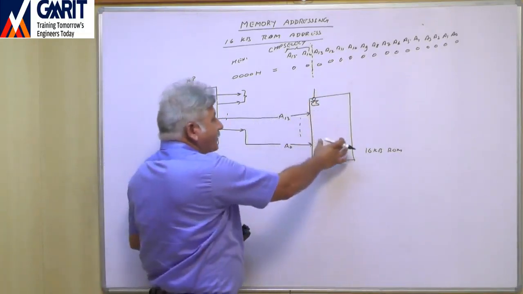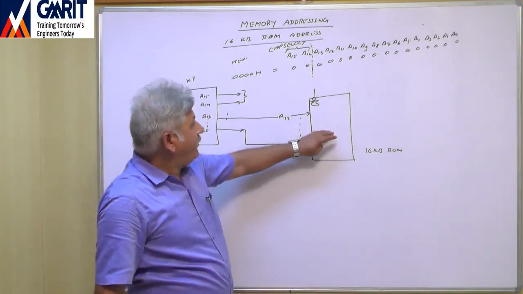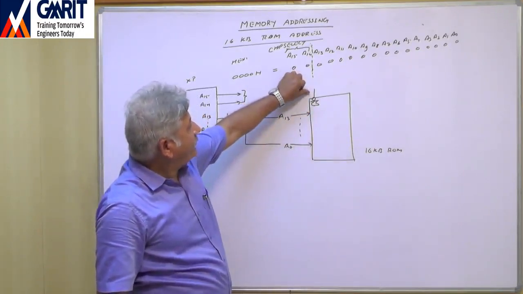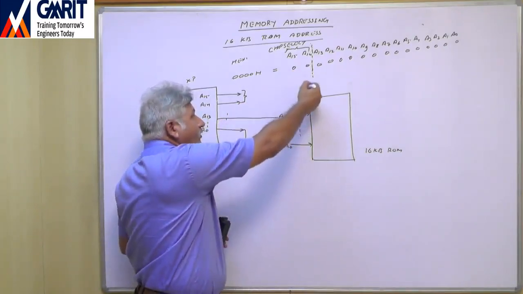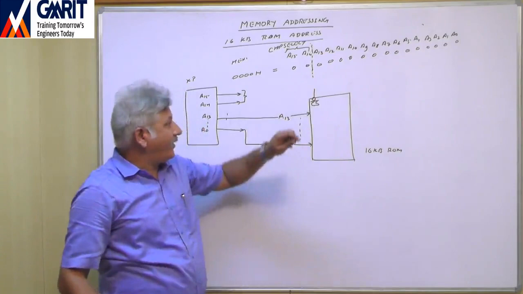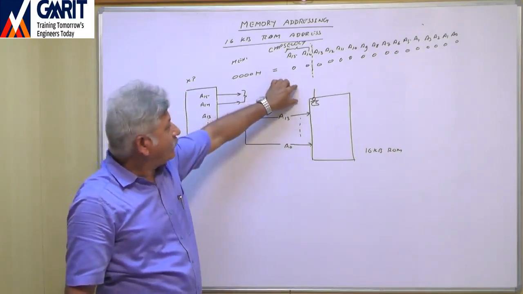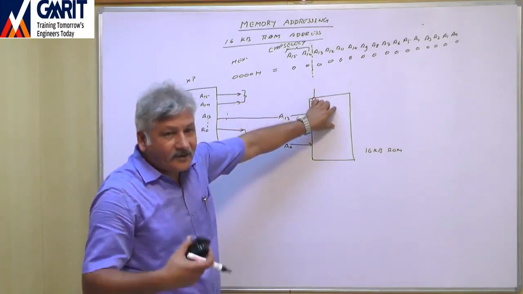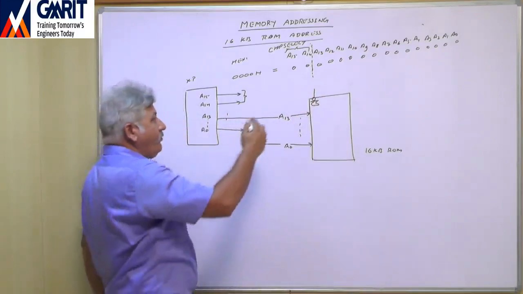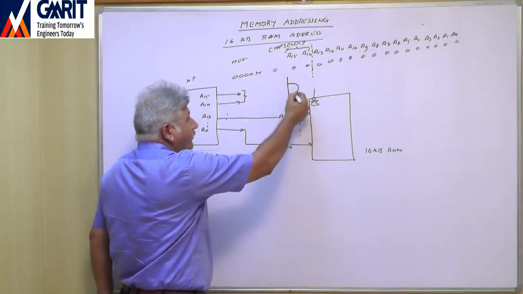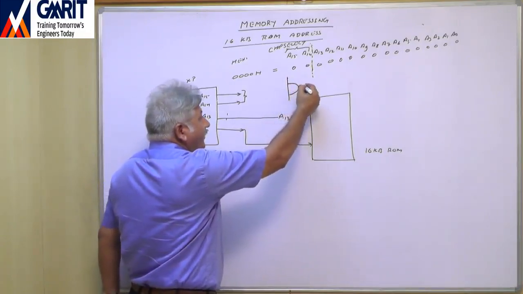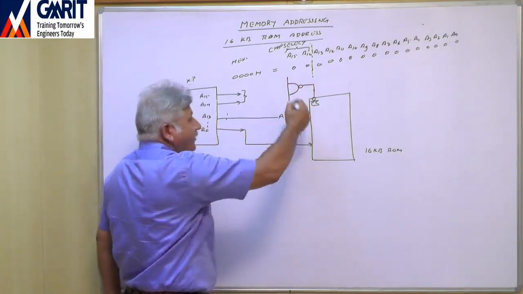To select this particular memory, this pin must get 0. So here we have to design a decoder circuit so that this memory is selected. For that, we connect one NAND gate here. The output of the NAND gate is connected to CS bar.